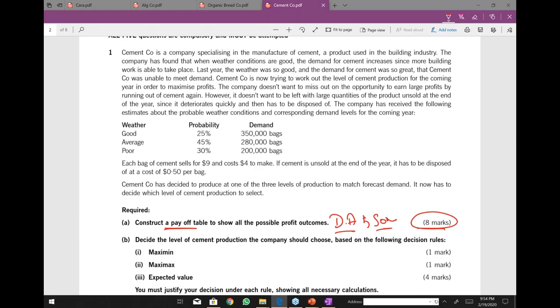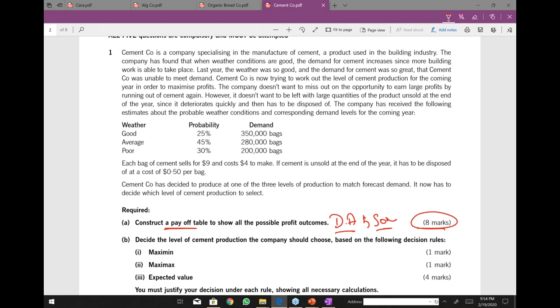That is state of nature. And another indication of state of nature is that you will be given probabilities. But here, be cautious, understand each and everything. So let's start reading the question.